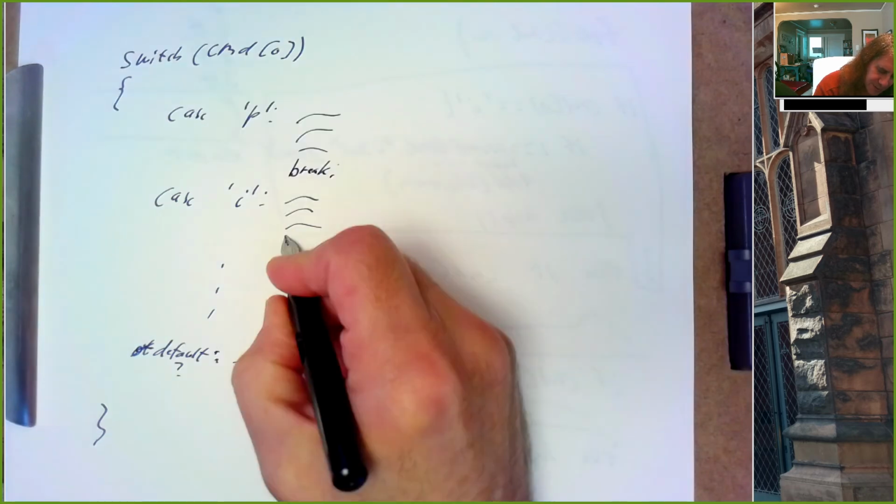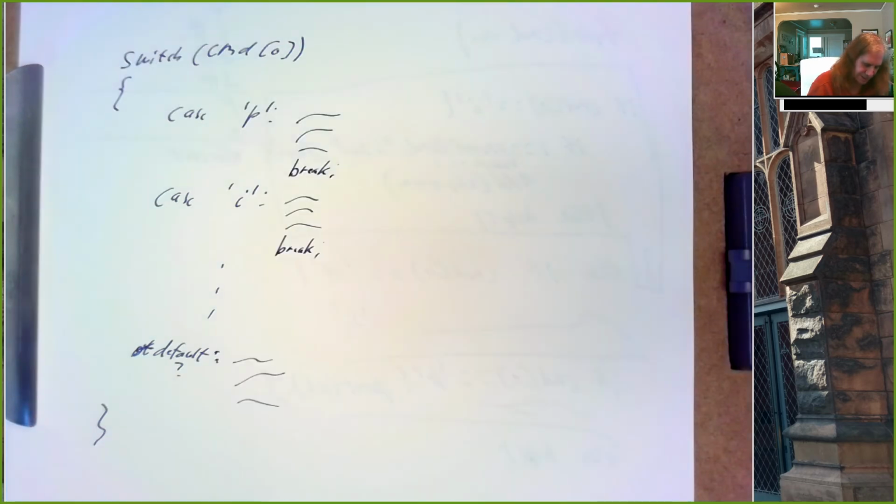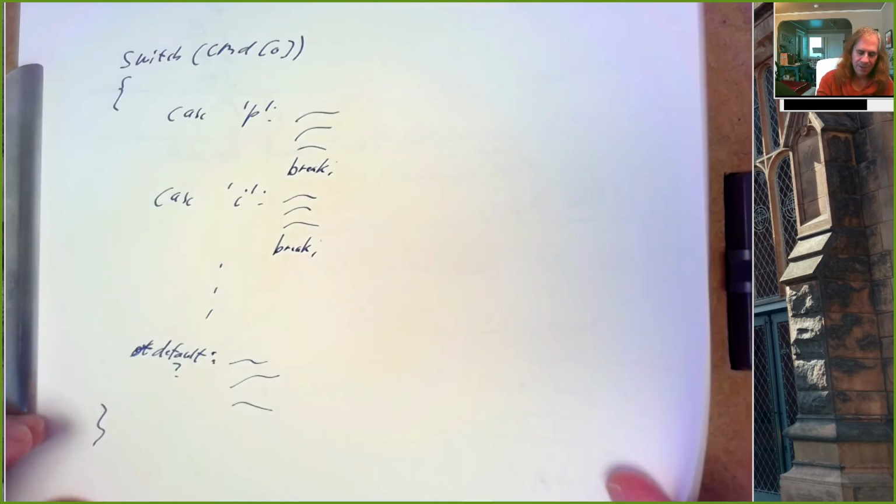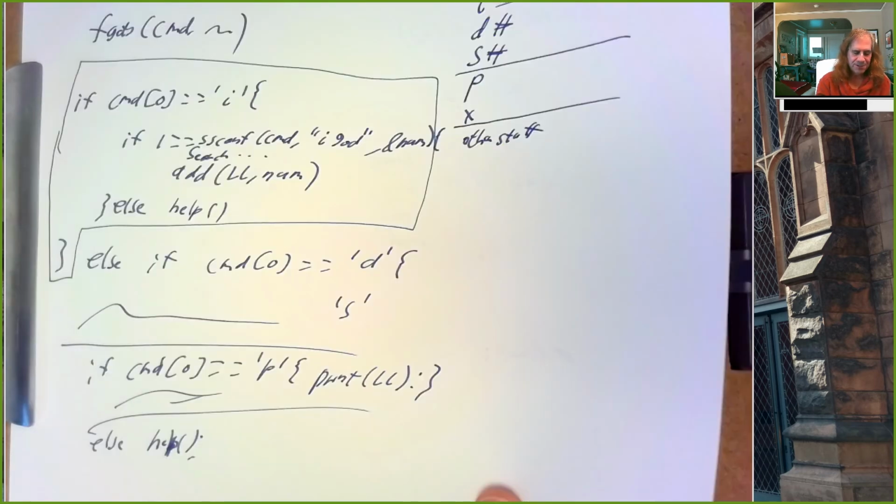And you put a break after each of these to say get out of the switch statement. So now you don't need if-then else's, you don't need indenting and nested parentheses and so on. There's other ways to do this, right? But this is one approach. If it looks reasonable to you, go ahead and run with it. If you're doing something else, that's great.